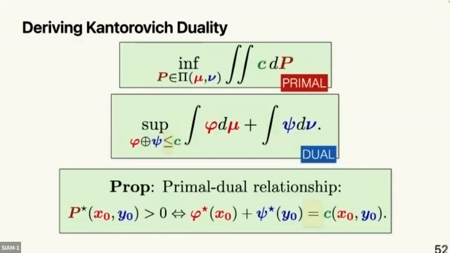What this says is that if the coupling that you will find here has mass on a pair of points x0, y0, then this is equivalent to having a saturation of the constraint between the first dual variable function and the second dual function at that pair of points x0, y0. So if this has positive mass somewhere, then this is actually attained. This is an equality.